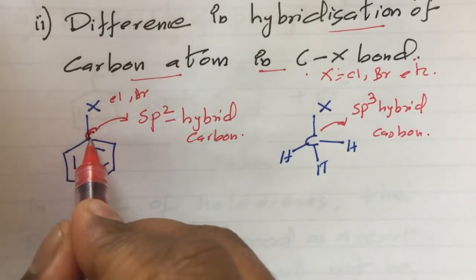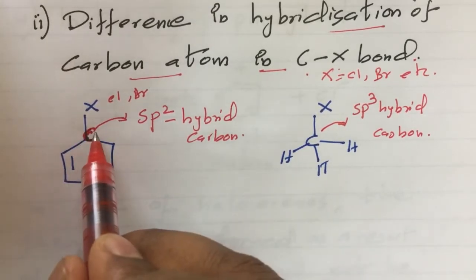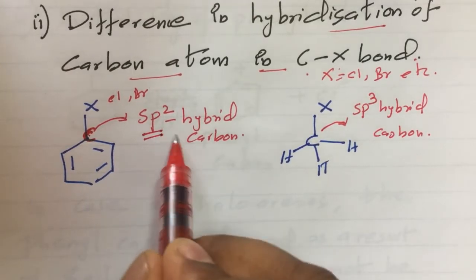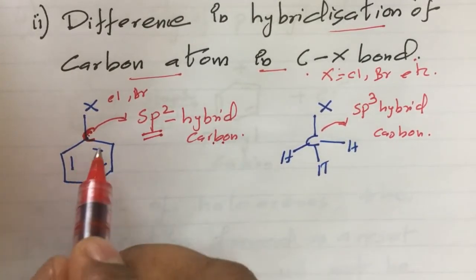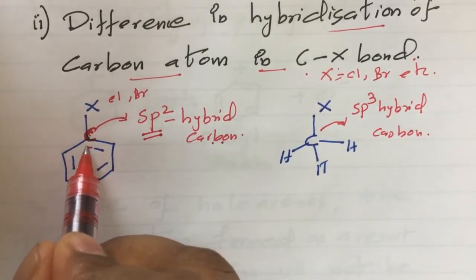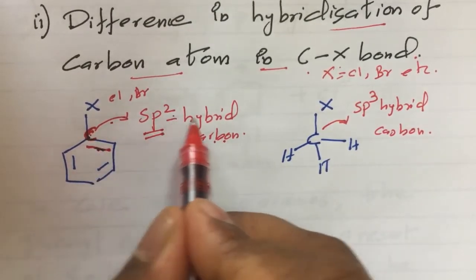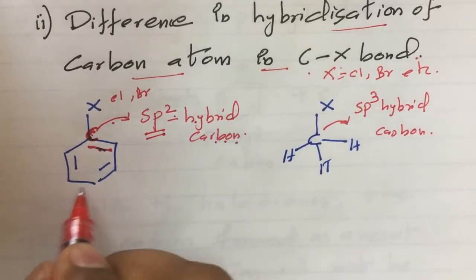Halogen is attached to this carbon. What is the hybridization of this carbon? sp2 hybridization, sp2 hybrid carbon. Why? Because carbon is attached with a double bond. So the carbon is sp2 hybrid in the case of haloarenes.